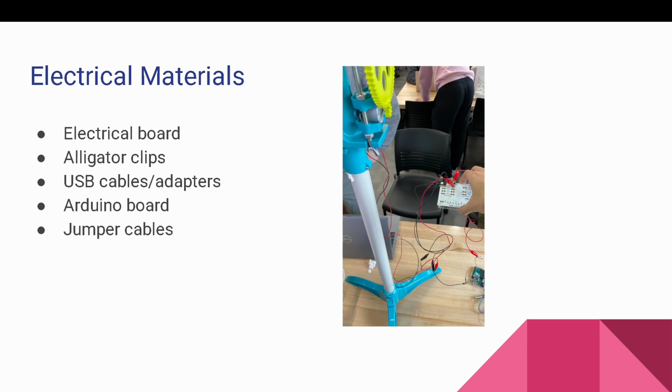We also have the Arduino board, which facilitated all of the coding and all of the output reading that went into the computer, as well as the jumper cables, which connected the Arduino to the ground and so forth.